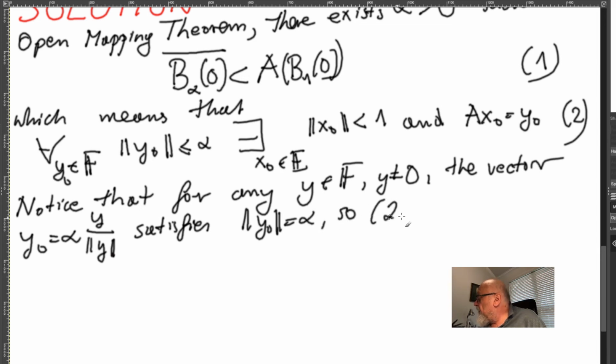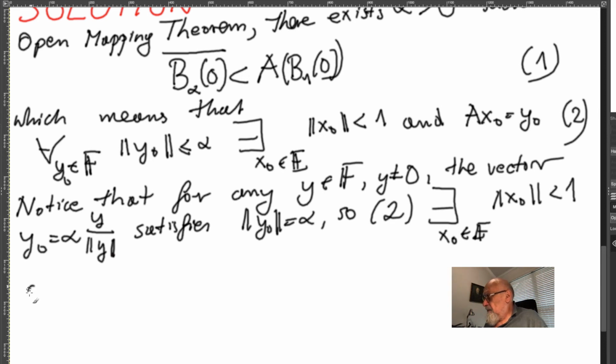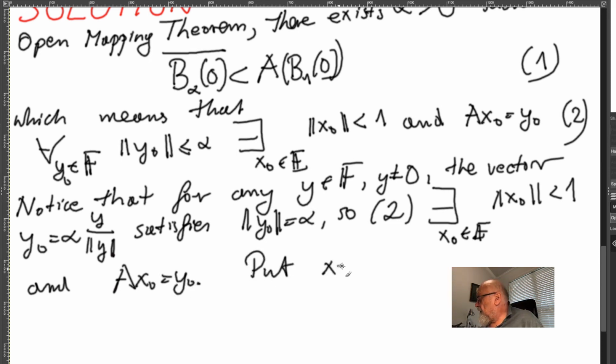So by formula number 2, there exists an x0 in E such that the norm of x0 is smaller than 1 and A x0 is equal to y0. Put x equal to the norm of y over alpha times x0.